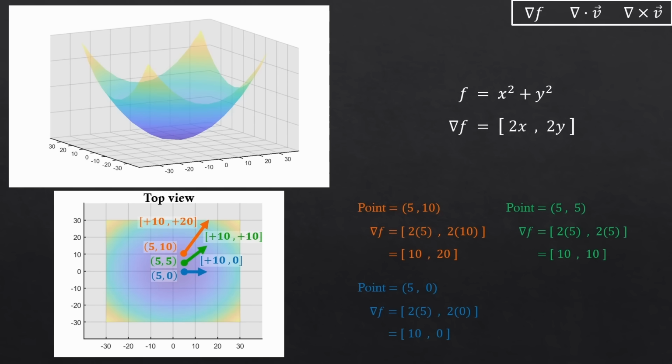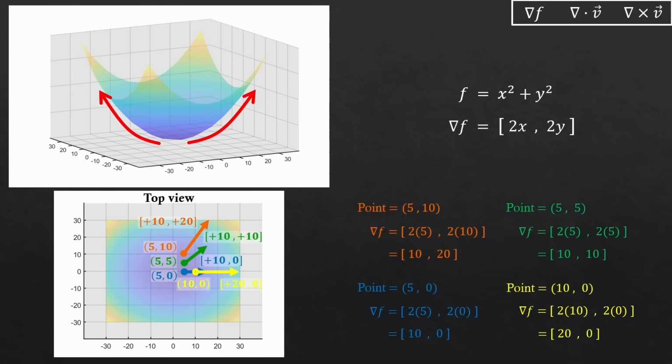Shall we try with a point slightly away from the center? Maybe this one, 10, 0. We get the vector 20, 0. It seems to be heading in the same direction as the blue one, but faster. You see how this pit becomes steeper as you move outward? Yeah, it's related to that.